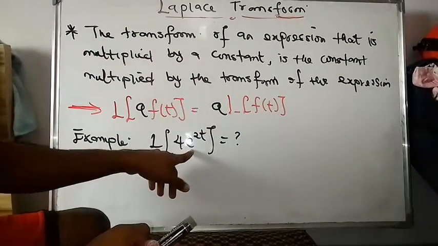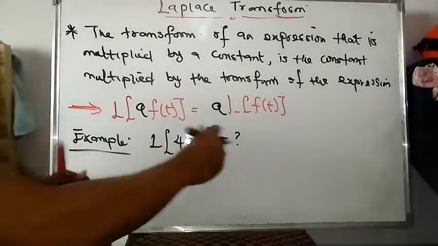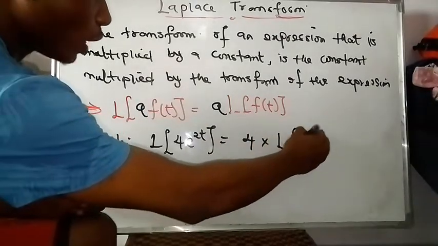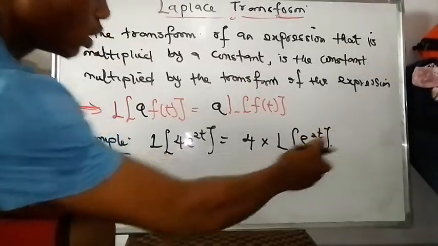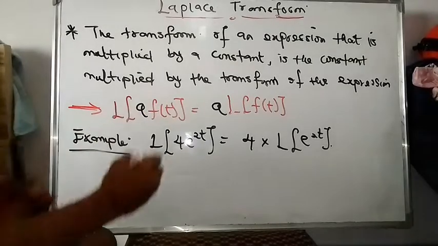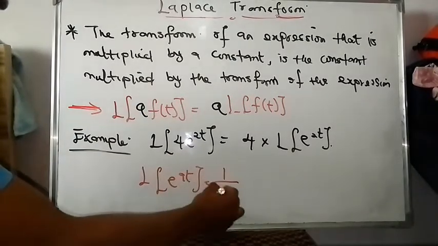So now this is 4 times exponential 2t. The rule says the 4 will go out, so we'll have 4 times Laplace of exponential 2t. Now I'm going to find the Laplace of exponential 2t. If you can recall, the Laplace of exponential at is equal to 1 divided by s minus a.